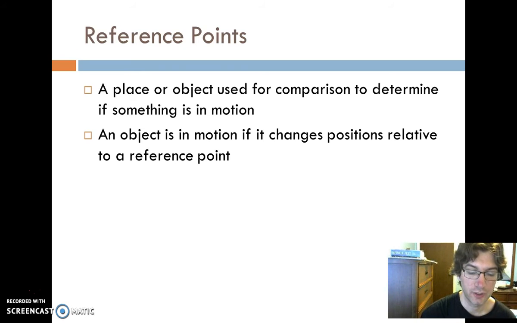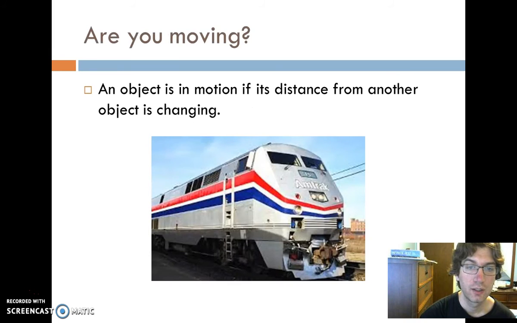So if I'm on a train, and this train is coming up on a station, if my reference point is the station, then the train is decreasing its distance towards that station. Therefore, I can say the train is in motion. However, if I pick my reference point as the train, then I can say that the station is decreasing its distance towards the train, and therefore the station is in motion.